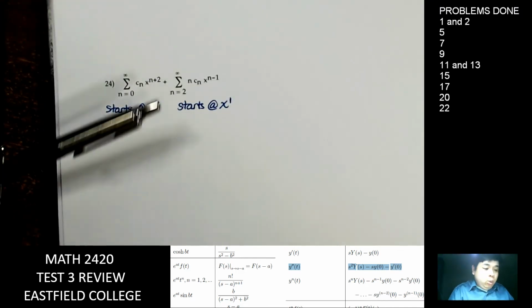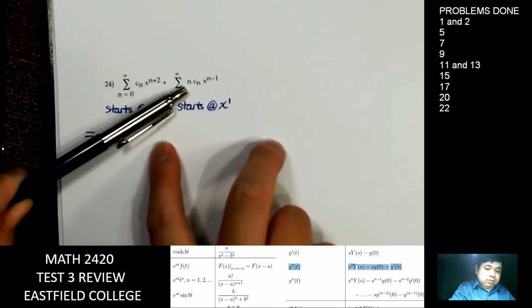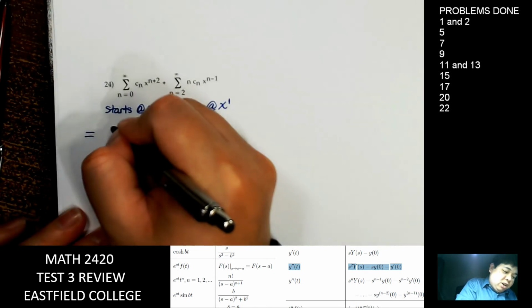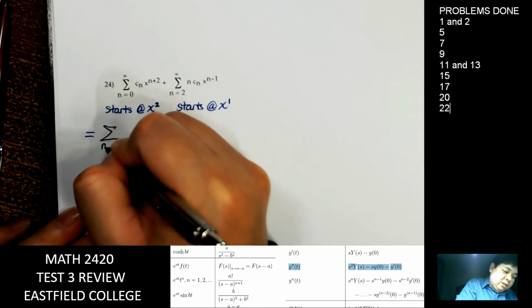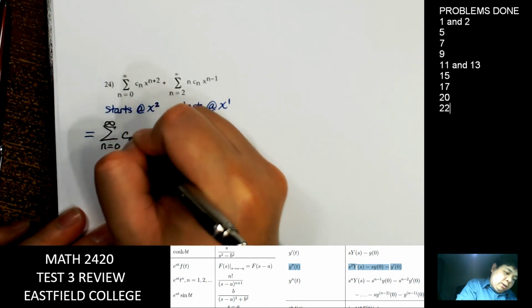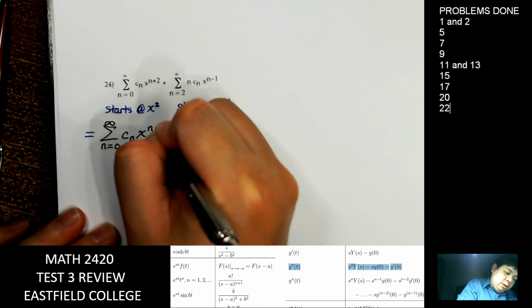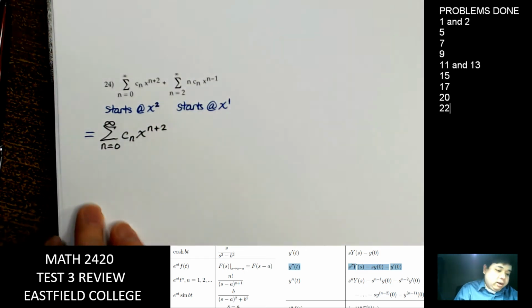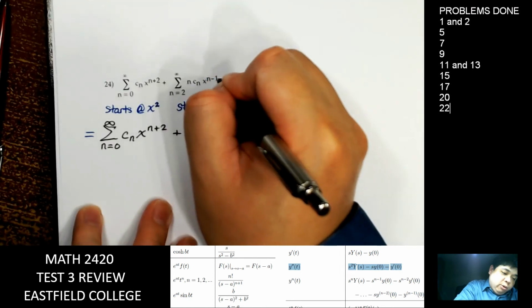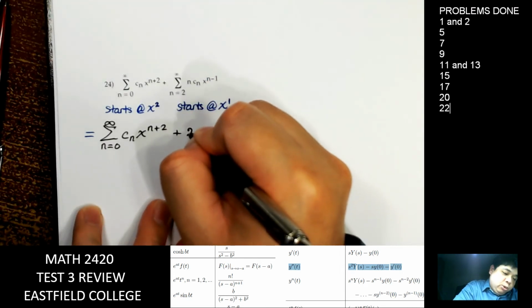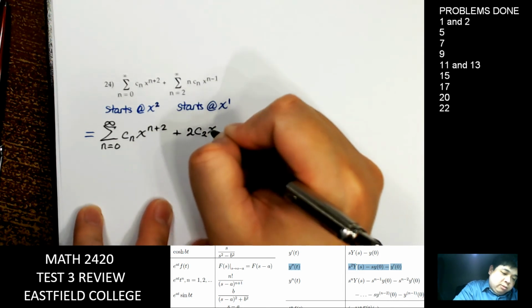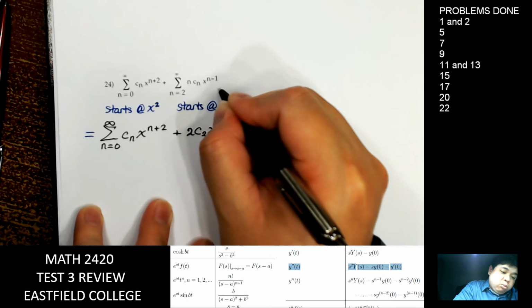So in that case, we have to split this series into 2. Not into 2, but split the first term out. We know this one we start at x squared. Then if we put 2 in here for all the n, we have c of 2, x of 2 minus 1 is 1.